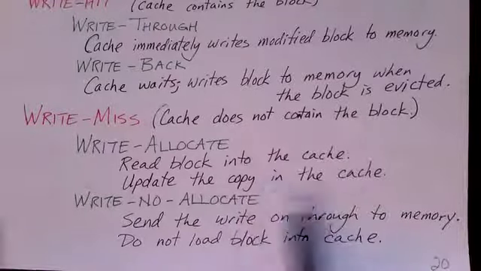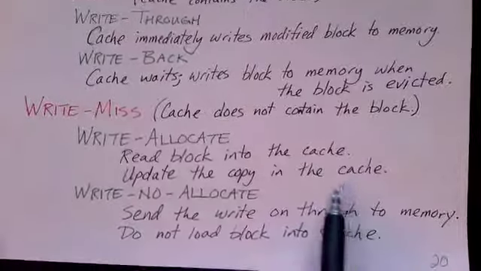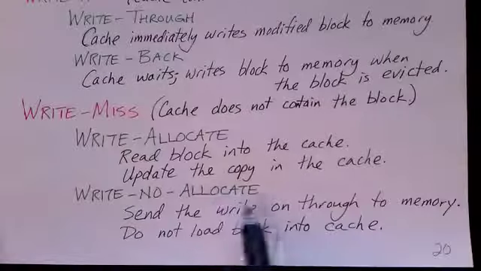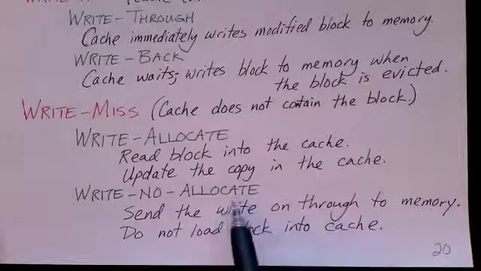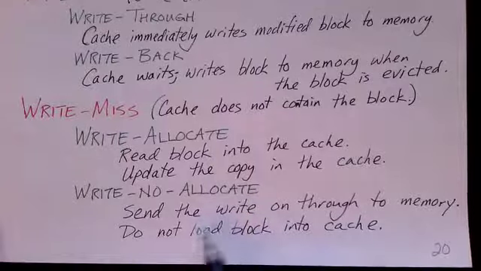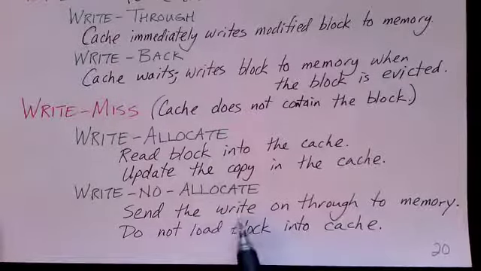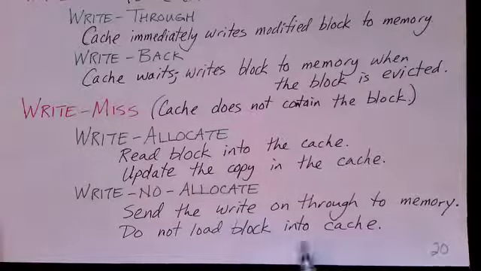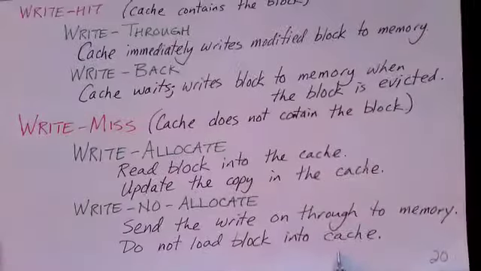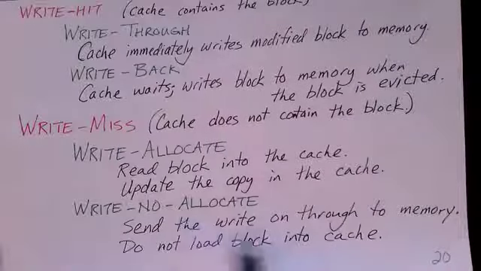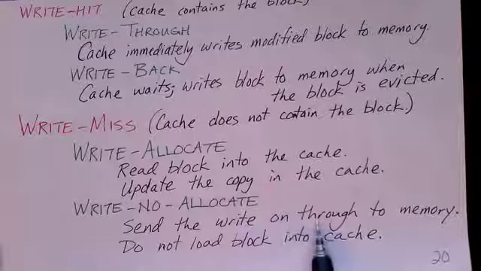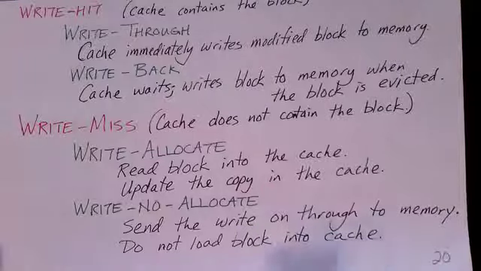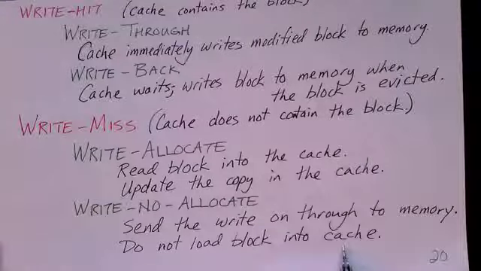It will update the block as it's stored in the cache. With write no allocate, sometimes called no write allocate, the cache will not load the block into the cache memory, but instead it will just forward the write right on through the cache to the memory. So it will update the data in memory, but it will not copy that block into the cache.